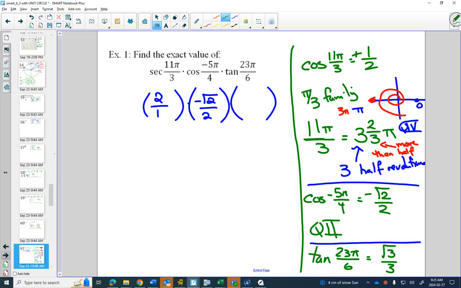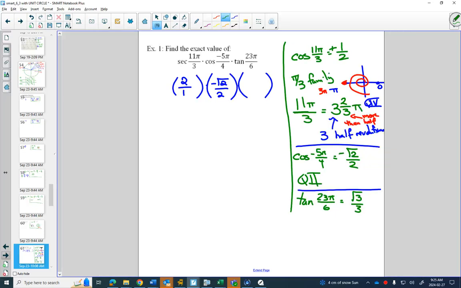that you want to get as many marks as possible, well then we have to figure out where is 23 pi over 6. And as a mixed fraction, this is 3 and 5/6 pi. 3 half revolutions, well we already saw that 3 pi, 3 half revolutions ends on the negative x-axis there.